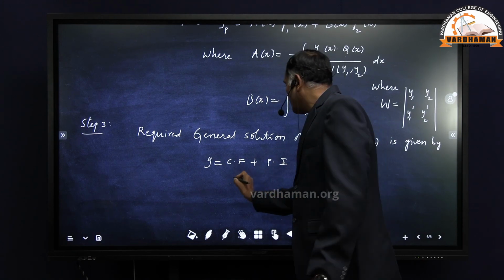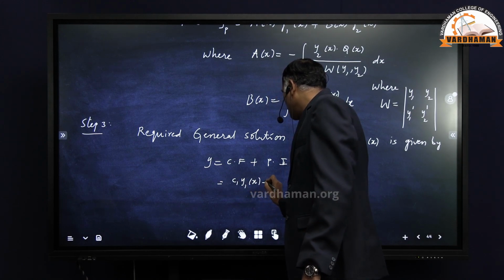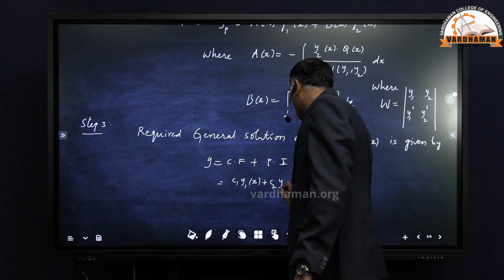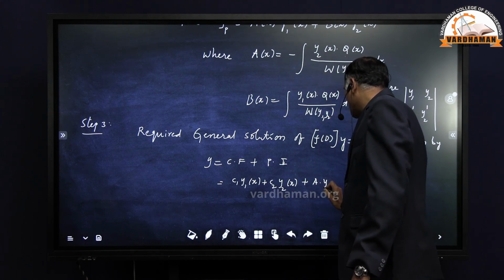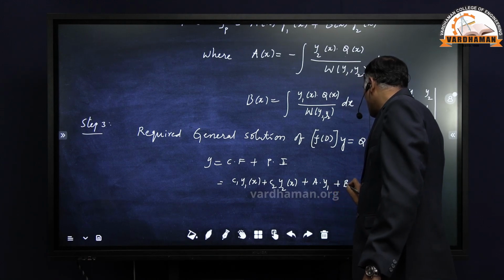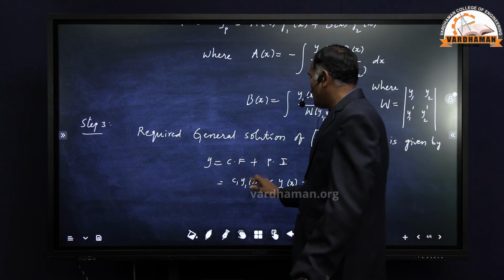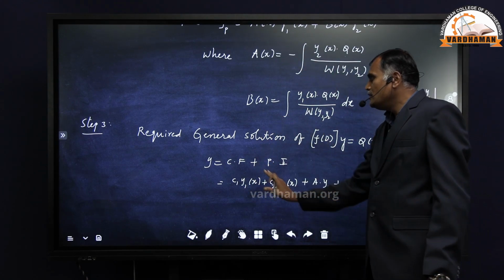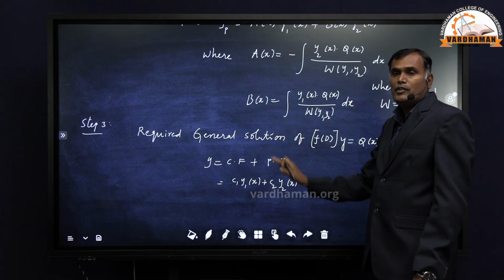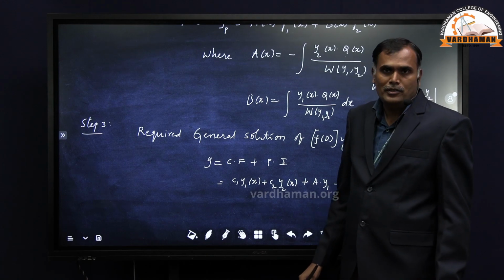Now already we have written the complementary function. Let us say this is the complementary function, and the particular integral is given by this one. Here C1 and C2 are arbitrary constants. A and B are given by these two formulas. Now this is the required solution of the given problem. This method is known as the method of variation of parameters.